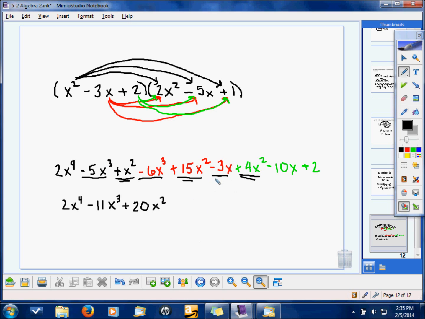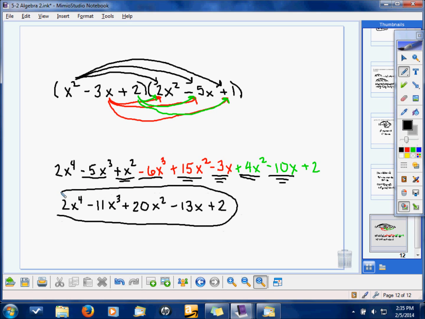I have this negative 3x here. That goes with negative 10x. Negative 3x and negative 10x is minus 13x. Then the only thing left is this plus 2. Now this is actually finished. There's the answer right there.